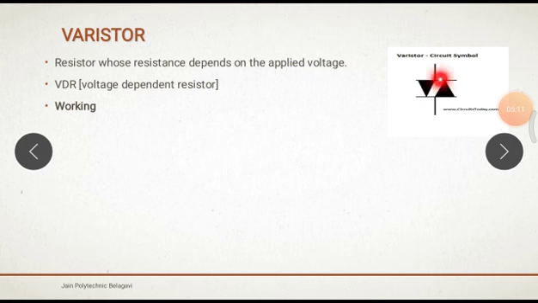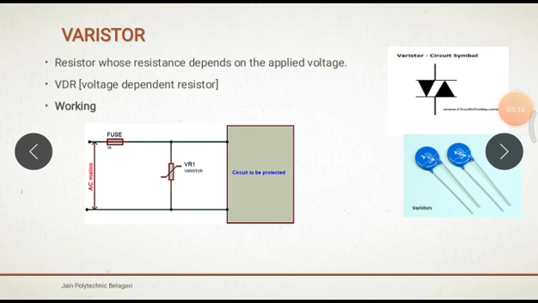It is two back-to-back connected Zener diodes, and you can see the commercially available varistor and how it protects a circuit or power supply system: the varistor is connected in parallel to whichever circuit has to be protected.